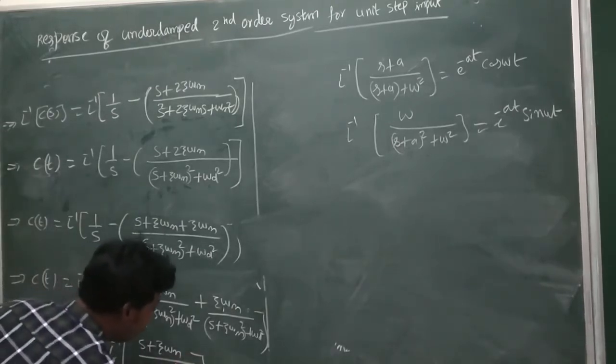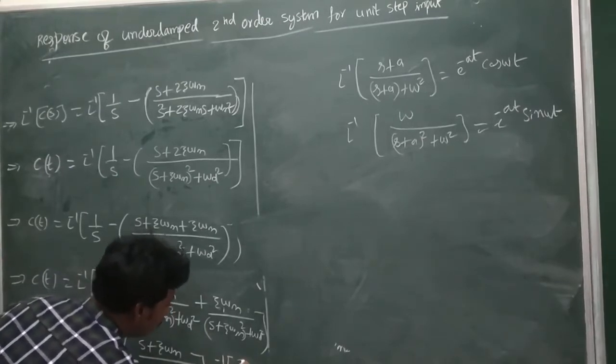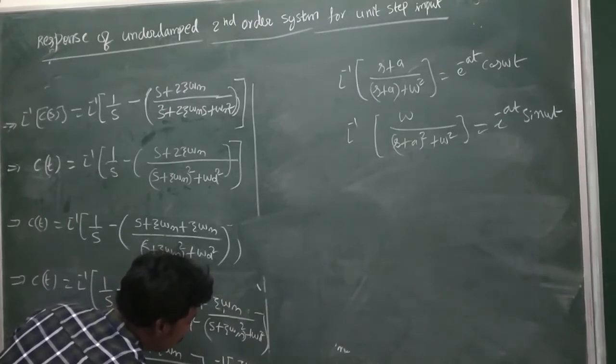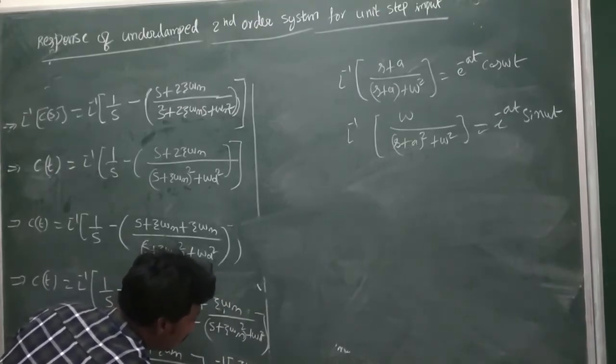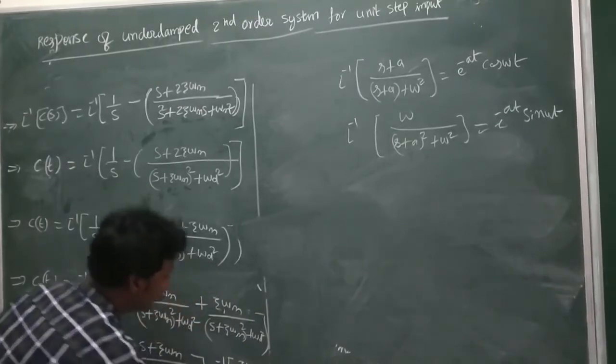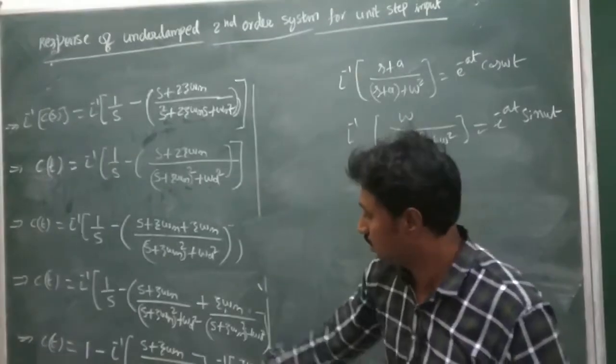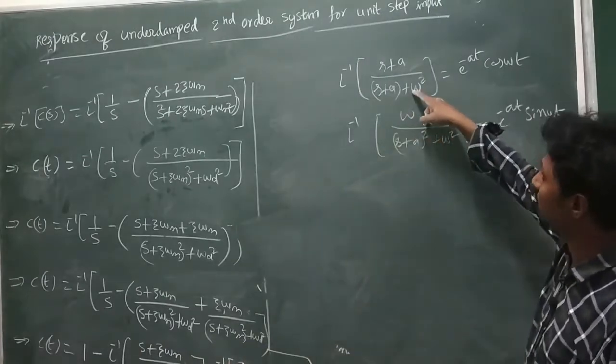Then minus L inverse of zeta omega n by (s plus zeta omega n) square plus omega d square.